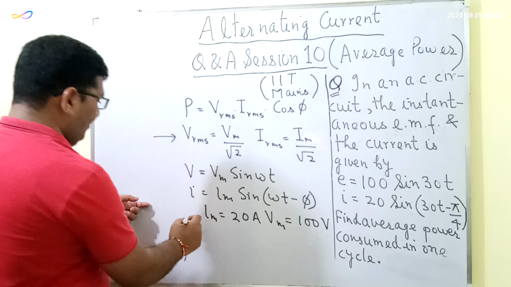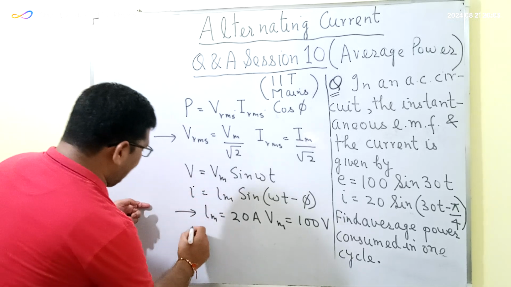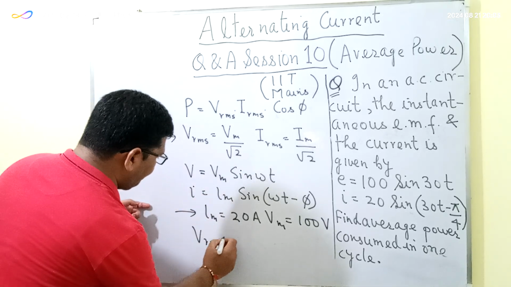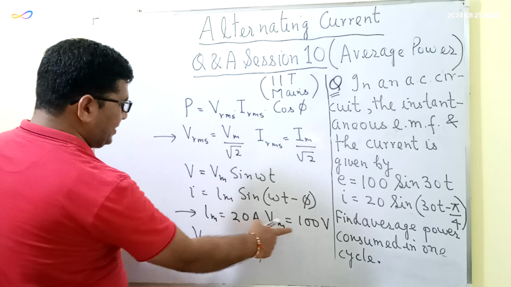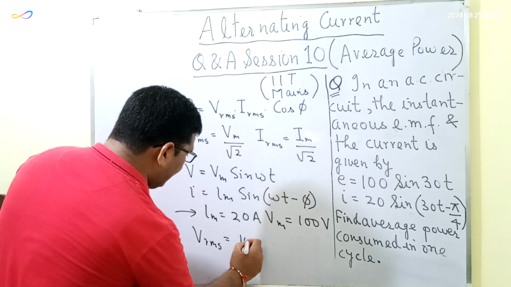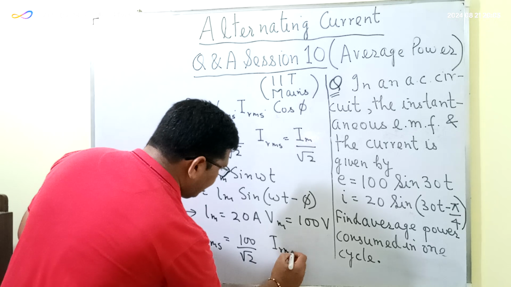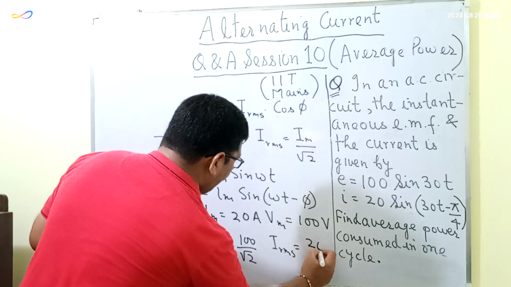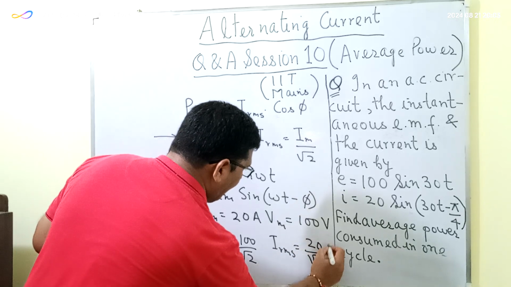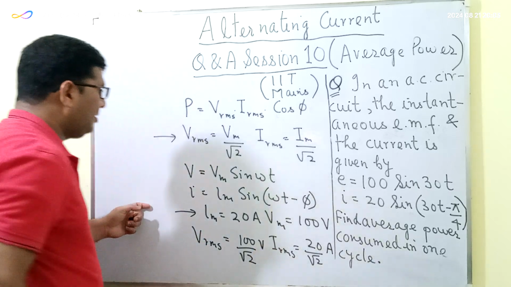So from these two values, the value of Vrms will be equal to Vm upon root 2, that is 100 upon root 2 volts, and Irms will be equal to 20 upon root 2 amperes.